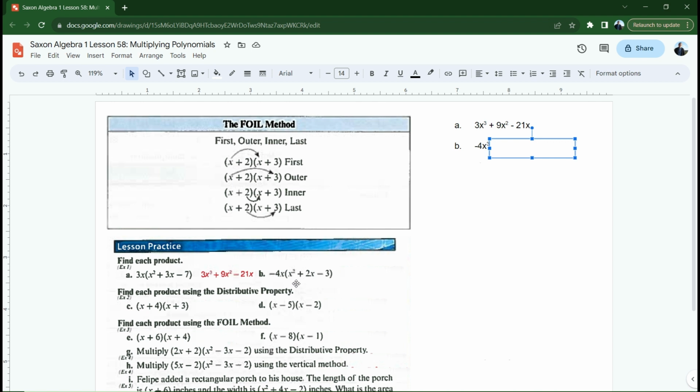I'm going to keep the plus sign in between, but when I add, I'm going to be adding negative 8x squared. So it'll be plus negative 8x squared. When I add a negative, it's the same thing as subtracting. So I'm just going to write minus 8x squared. Remember, that would be the same as plus negative 8x squared. And then times the last term, minus 4x times 3.